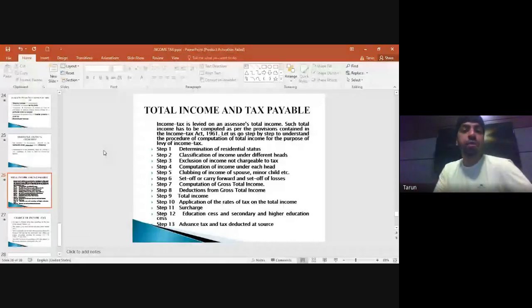Then clubbing of income of any spouse and minor child needs to be done. If you're married and your spouse, or your grown-up children, have earnings, you can club that income. How you club, how you estimate that clubbing of income, there is a different procedure.